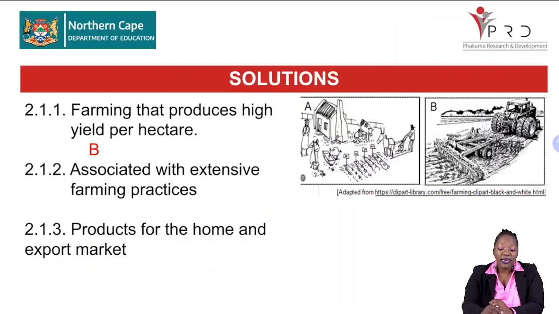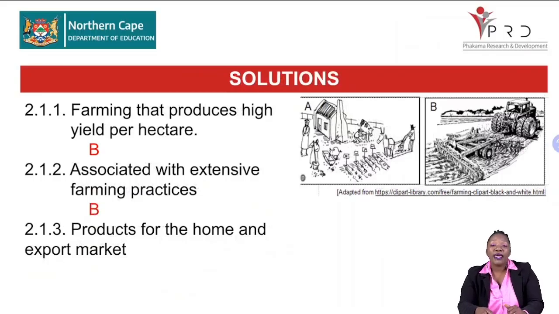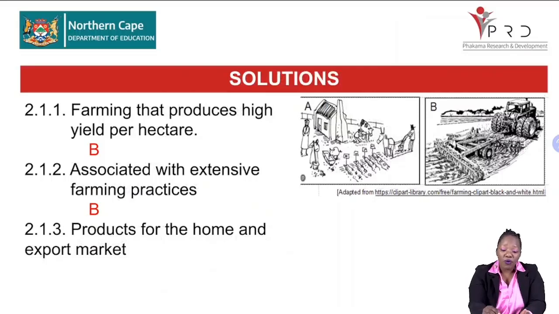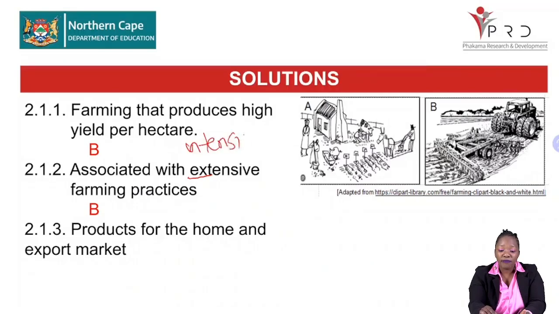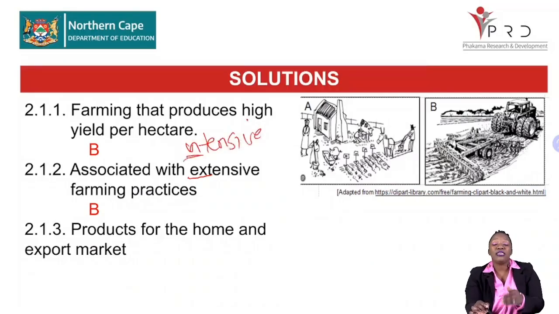Then secondly, associated with extensive farming. Again, there is a difference between extensive and intensive. So I always tell my learners that you need to check the first word. So I'm gonna write intensive here. So in, it means there is a lot of work that has been put in.